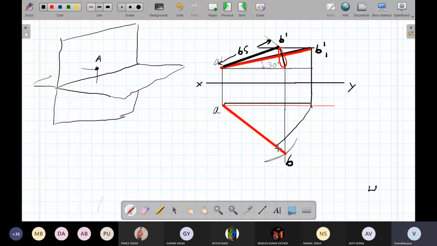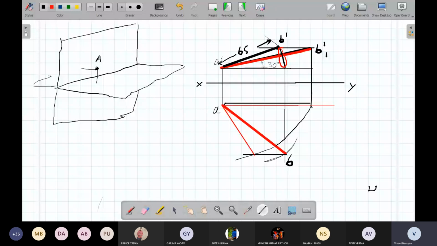So an arc will form like this. Now draw another horizontal line, and wherever it cuts, that will be my apparent line or projection line.